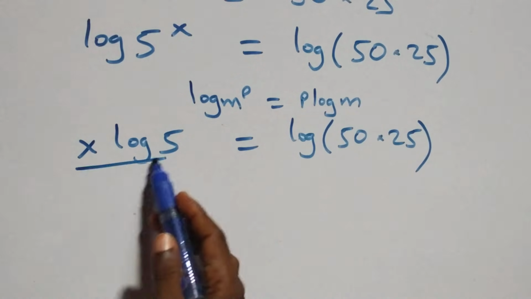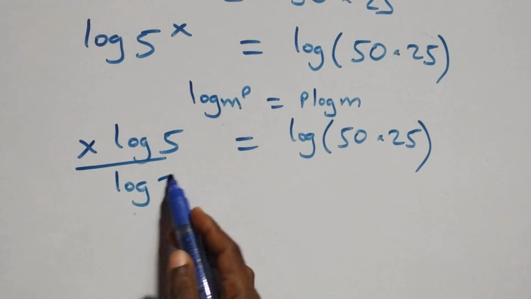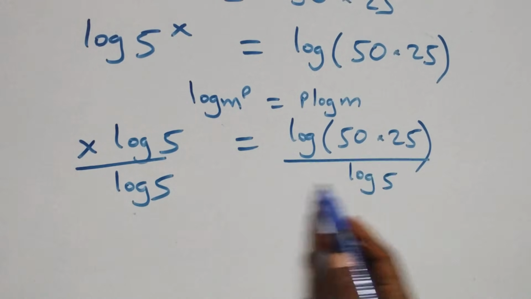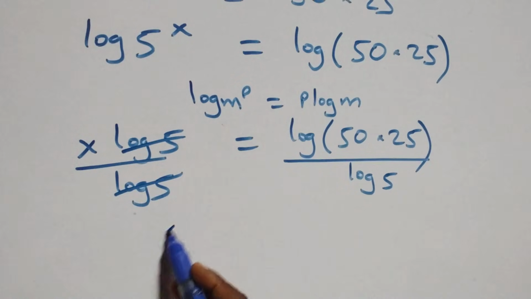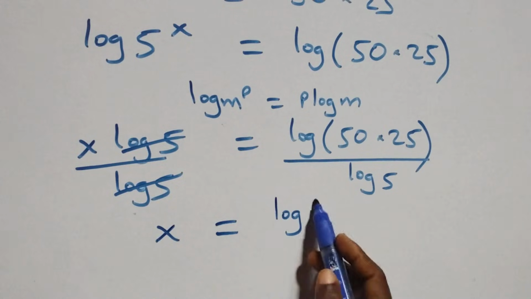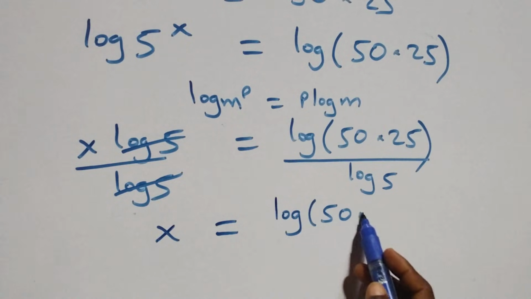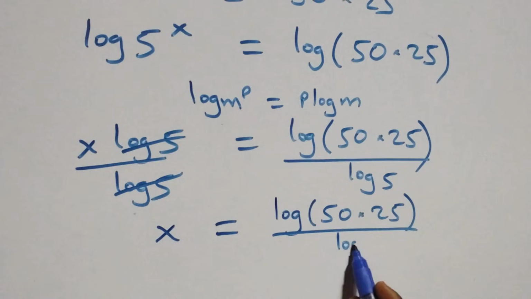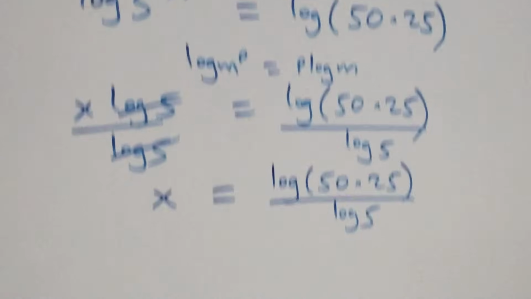As this, divide this side by log 5. Also, divide this side by log 5. As this here, log 5 cancelled each other here. We have x equals log 50 times 25 over log 5.